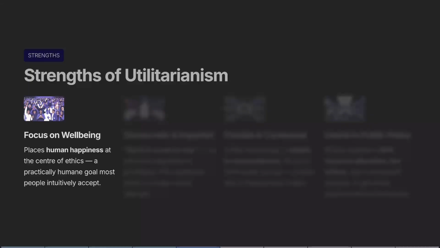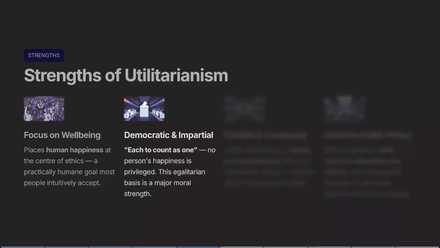What will make people's lives better? And another strength is the theory's impartiality. Bentham insisted that each person's happiness counts equally, and this idea supports principles of equality and has influenced modern ideas today about democracy and social justice.